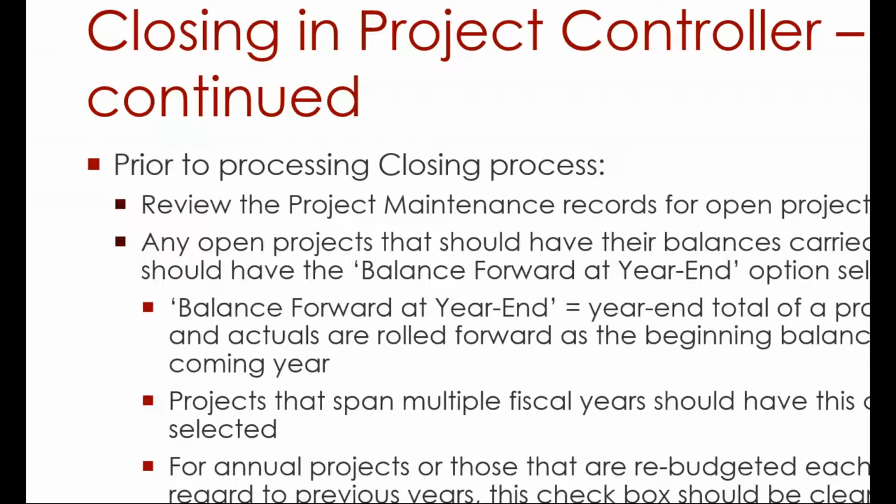For projects that span multiple fiscal years, they should have this checkbox selected so that the ending balance is rolled forward to the next year. For annual projects, or those that are budgeted each year without regard to previous years, this checkbox should be cleared so that the beginning balance is set to 0 for the next year.